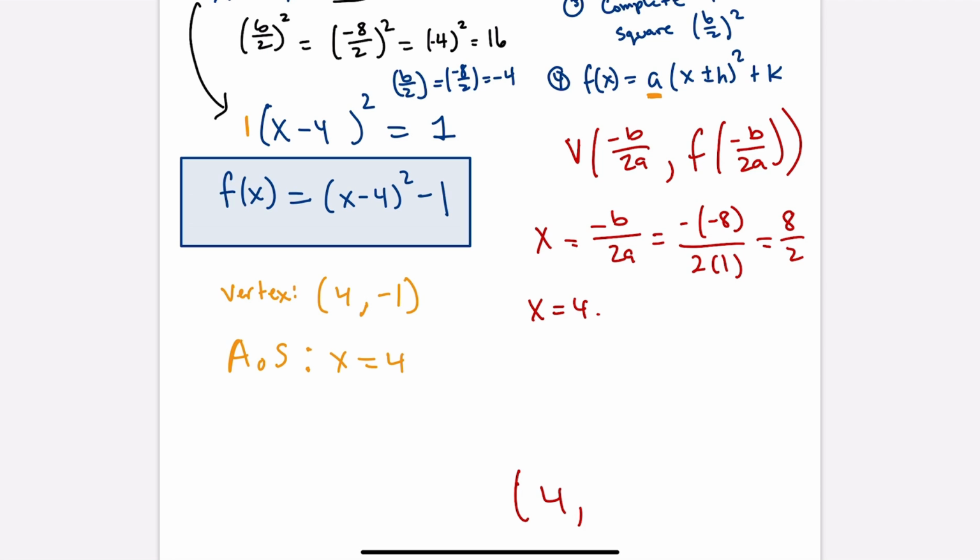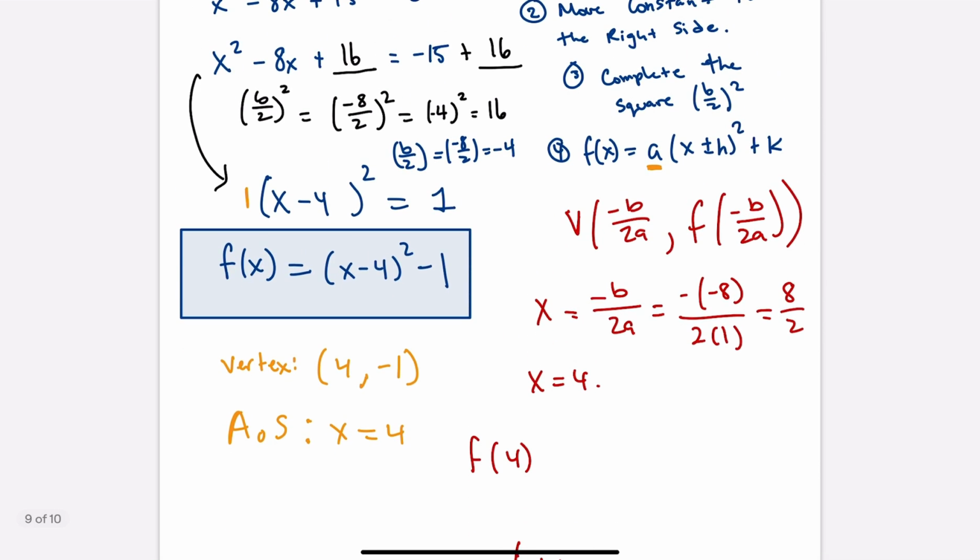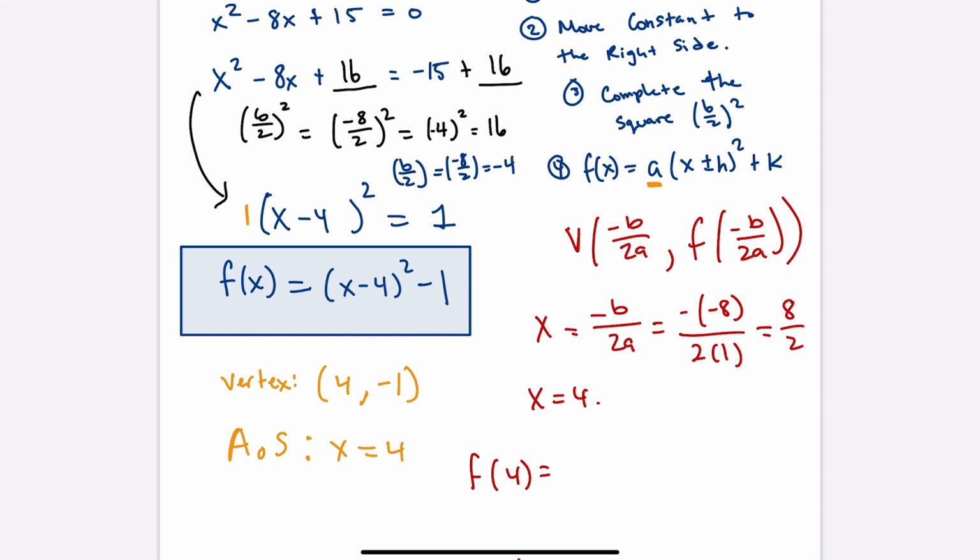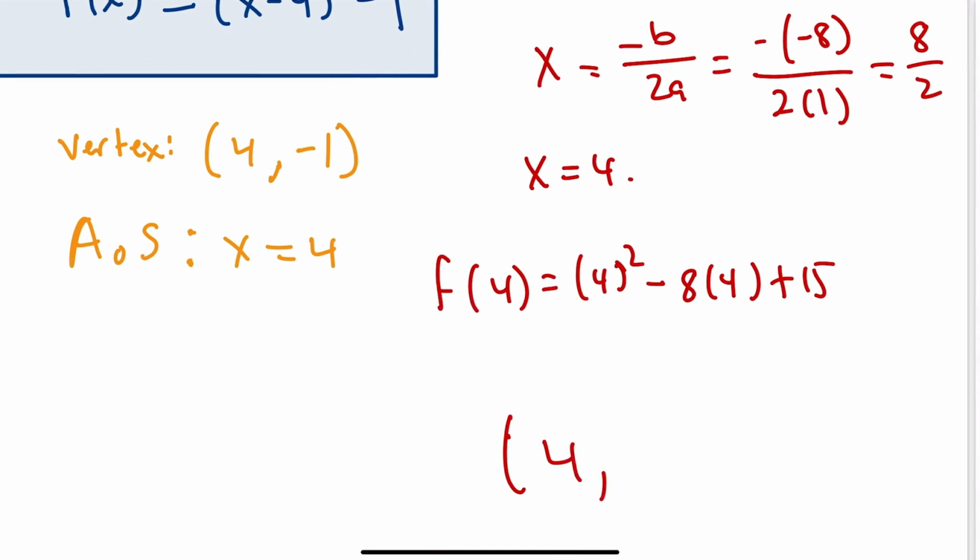Now we plug 4 in so we can find out what y is. So let's plug that into the equation. It's f of 4, which is 4 squared minus 8 times 4 plus 15. Hopefully my algebra works out.